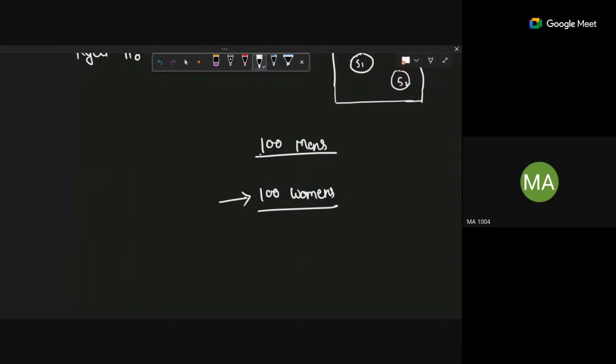So what we'll do is take a sample of 100 men, and that will be a random choice. It should be a good representative, which means it should contain men of different professions. After that you will note their time spent on social media and take the average over all 100 men.